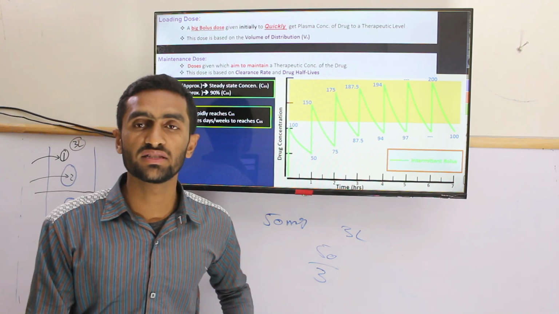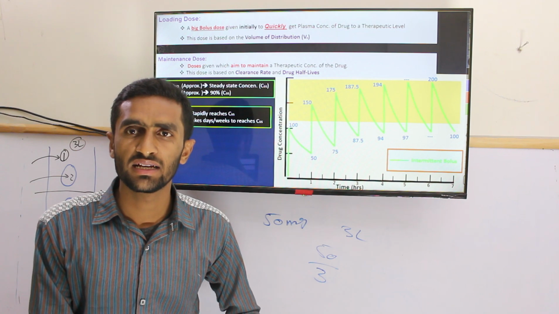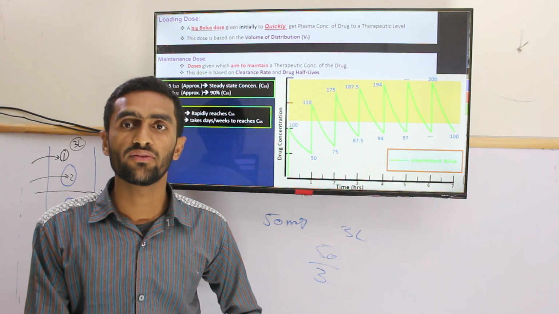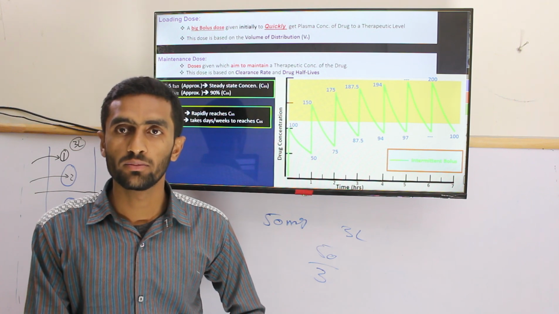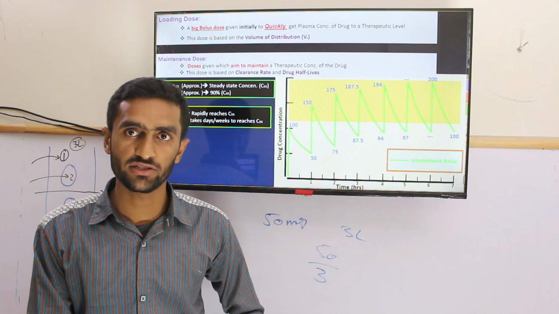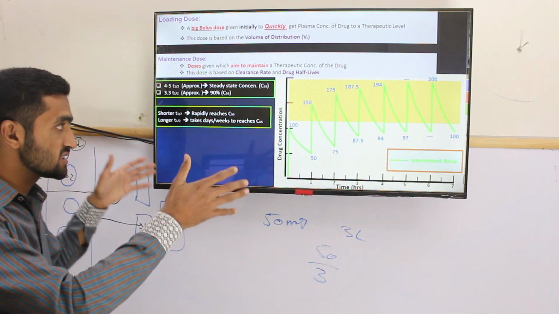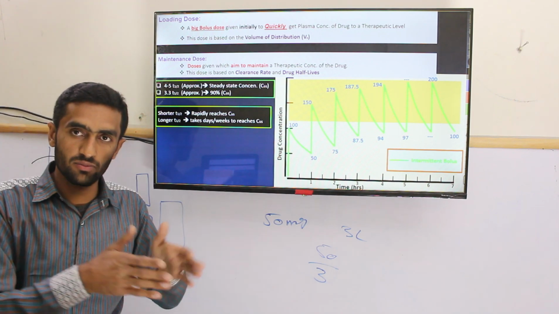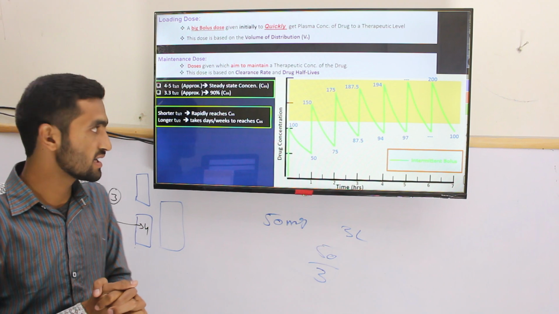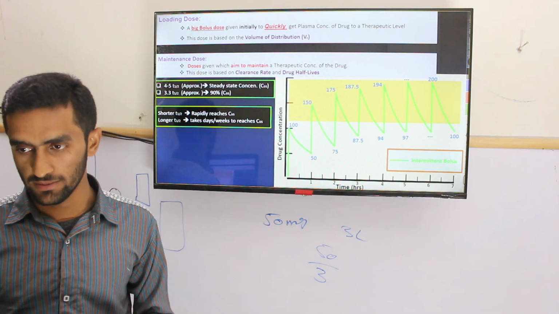If another drug's half-life is 1 day, you need 5 days to maintain the steady state concentration by the maintenance dose. So if your half-life is longer, it takes more days and weeks to reach the steady state. If it's shorter, it rapidly reaches the steady state concentration.